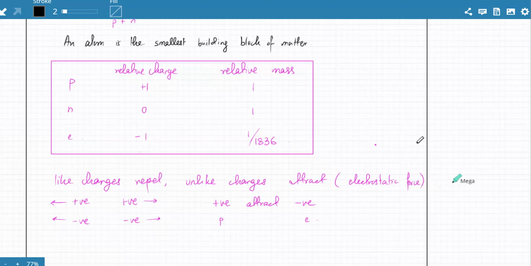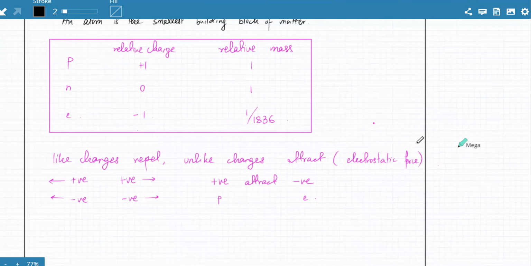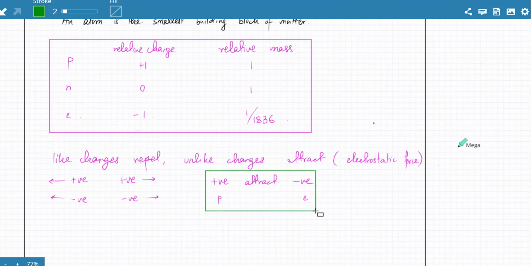Gravitational force and magnetic force are studied in physics, but electrostatic forces of attraction are studied in chemistry. All the chemical bonds that we're going to study are basically a force of attraction between positively and negatively charged particles. Okay. So is this clear?